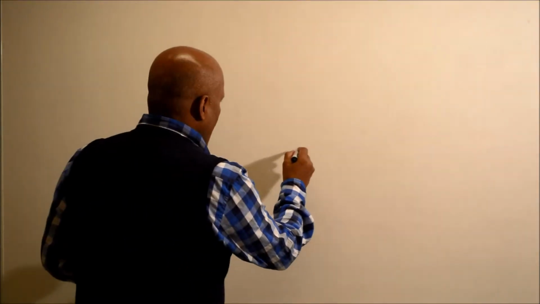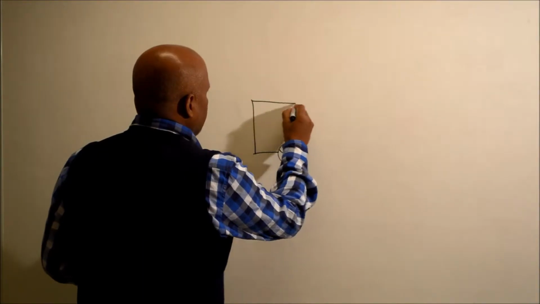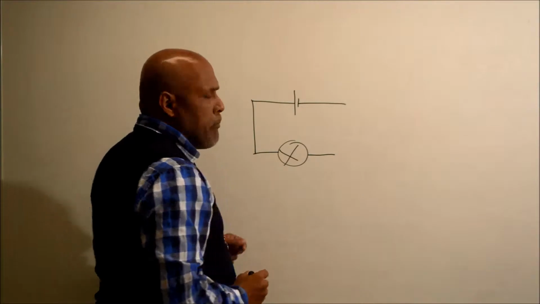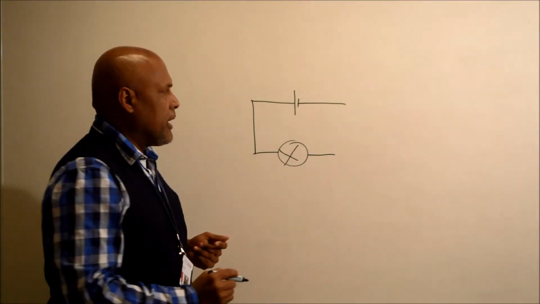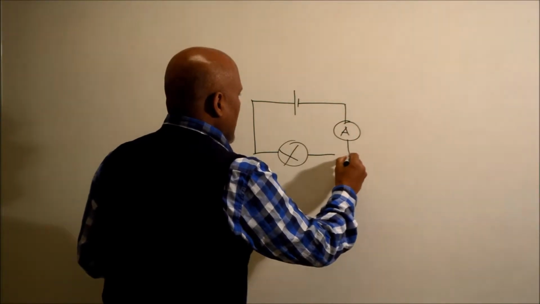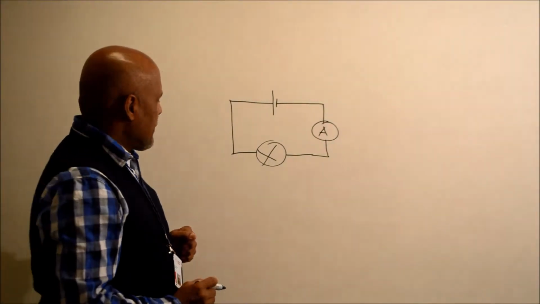We will explain Ohm's law, Kirchhoff's current law and voltage law. And we will do it by connecting a lamp to a battery, and we will also measure the current that passes through the lamp, and that we will do with the help of an amperemeter.